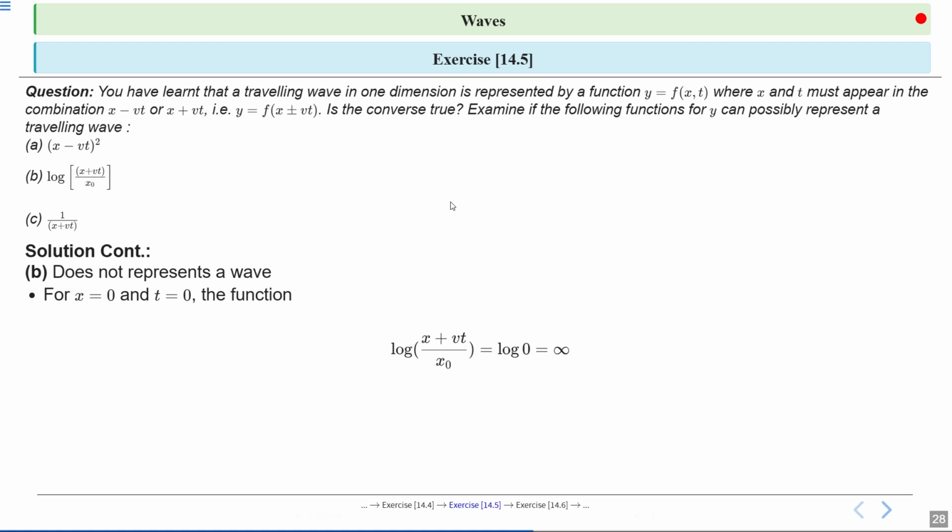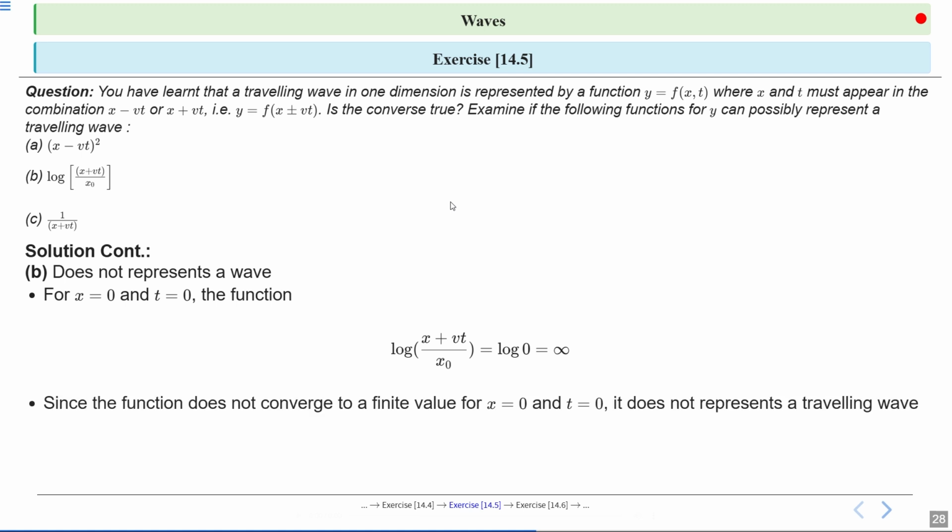So log of x plus vt divided by x naught is equal to log 0, which is equal to infinity. A traveling wave is a wave that moves through space, carrying energy from one place to another. This function does not have a finite value at x equal to 0 and t equal to 0, which means it does not settle to a single value at that point. So it's not a traveling wave.